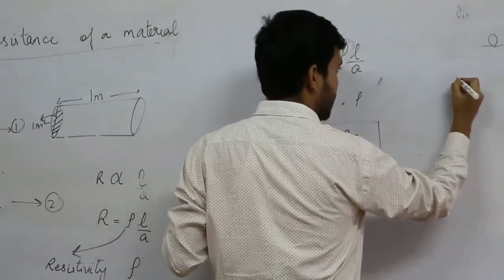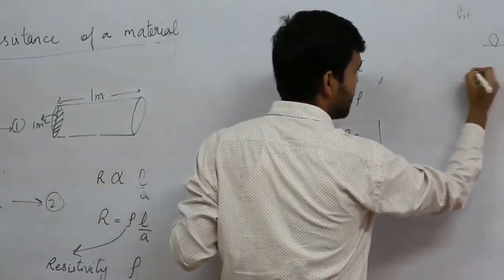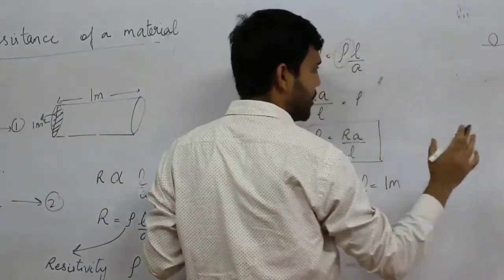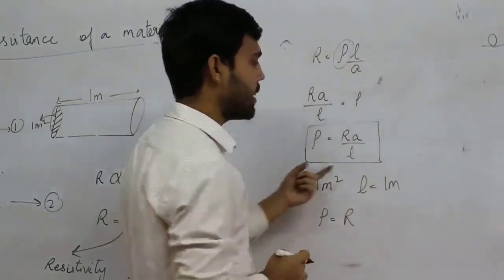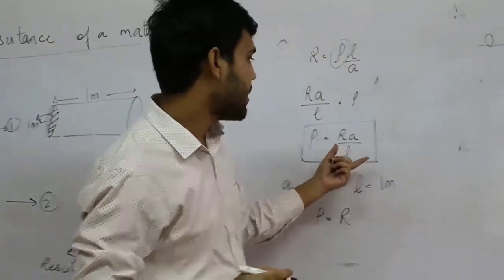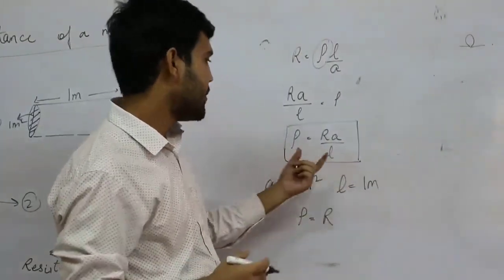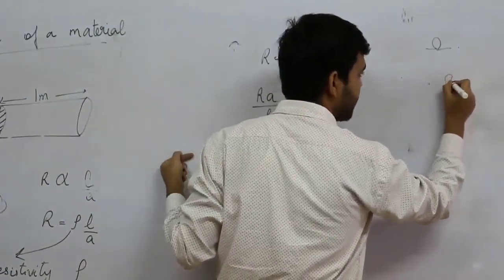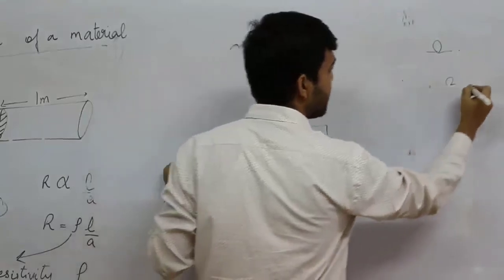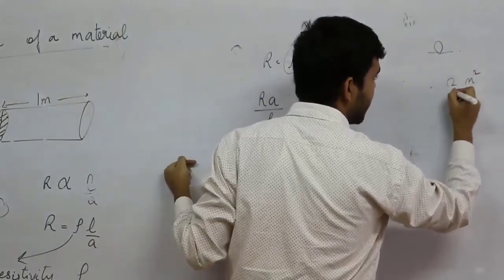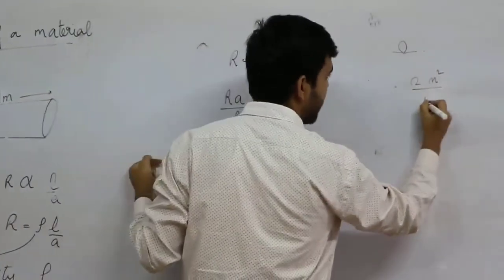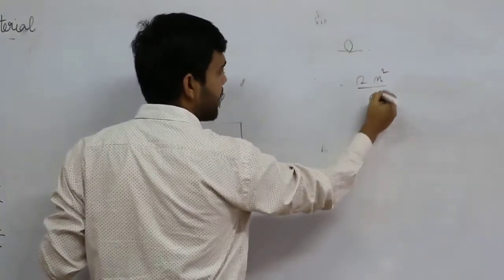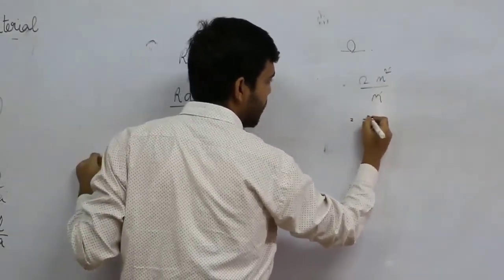I put the unit of the various physical quantities that are here. The unit of resistance is ohm, the unit of area is meter squared, and the unit of length is meter. So from here you can see that meter and meter squared get cancelled, so I have ohm meter.